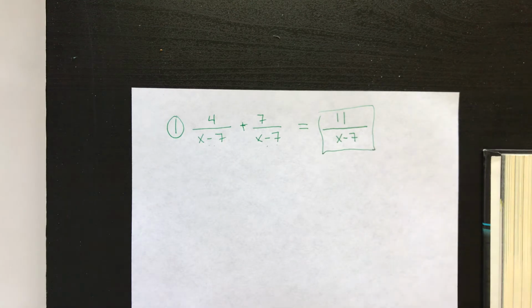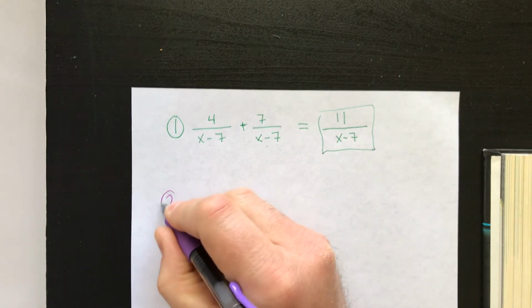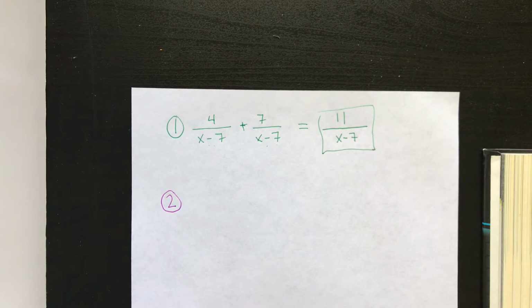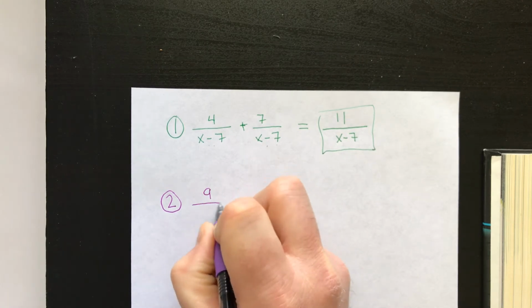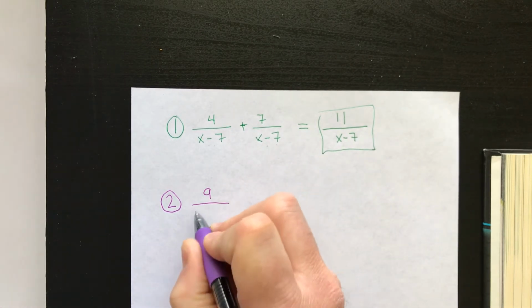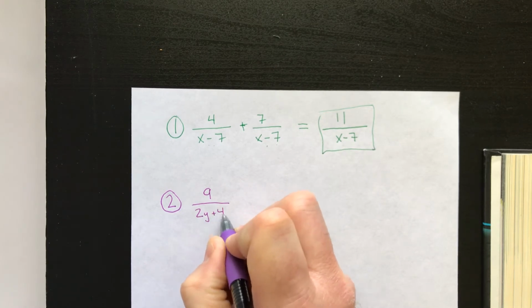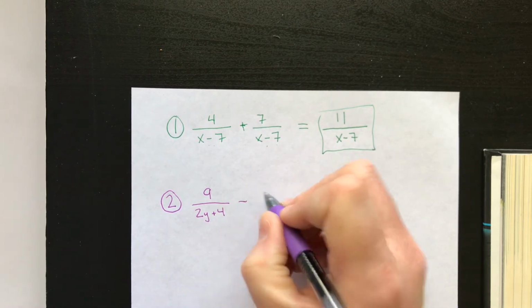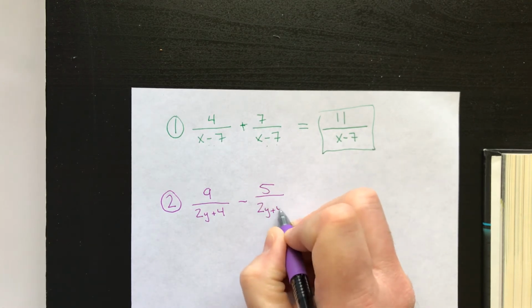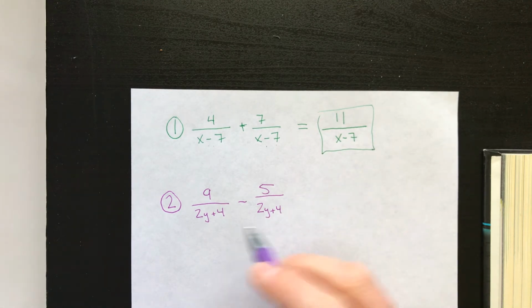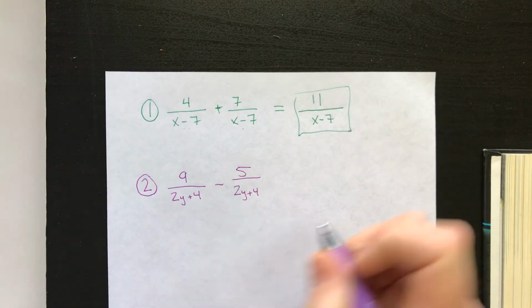All right, now let's look at number 2. For number 2, we have 9 over 2y plus 4 minus 5 over 2y plus 4. Once again, we have common denominators here, so we can just go ahead and subtract the numerator.